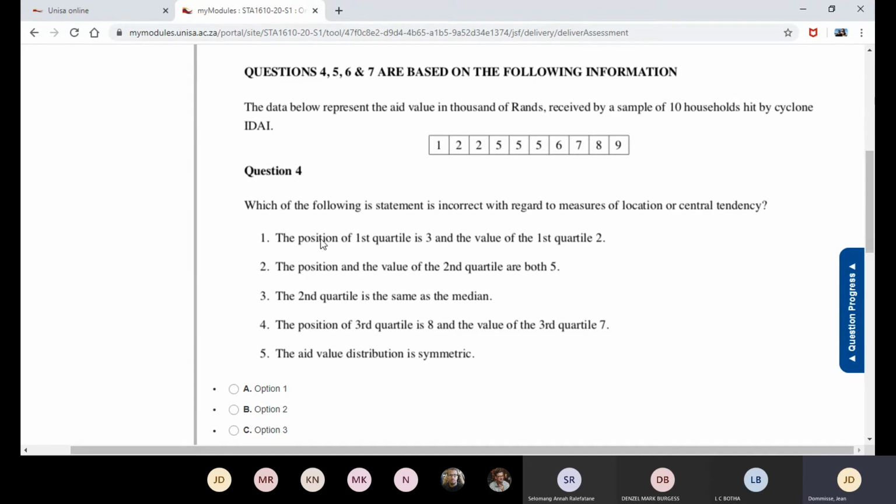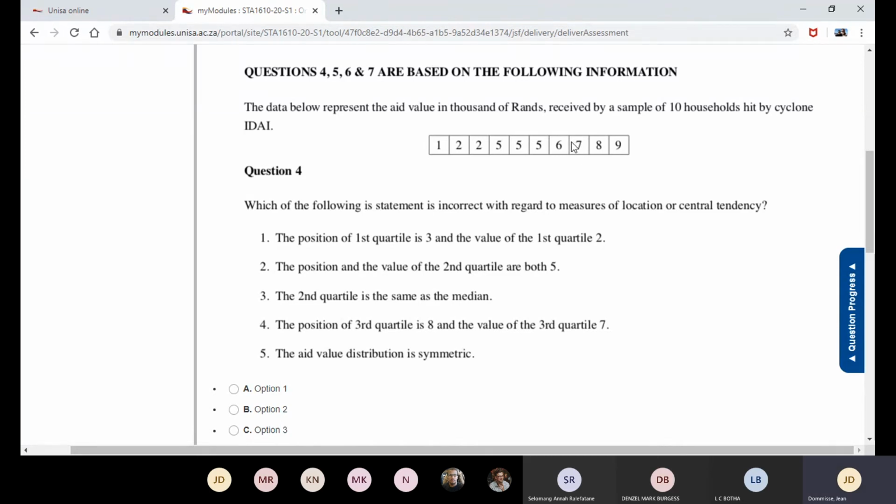So let's quickly check. The position of the first quartile is 3, and the value is 2, so that is correct. The position of the third quartile is 8, so position number 8 is 7.